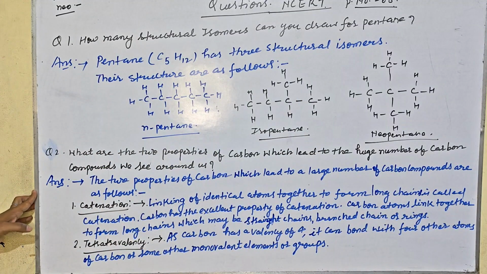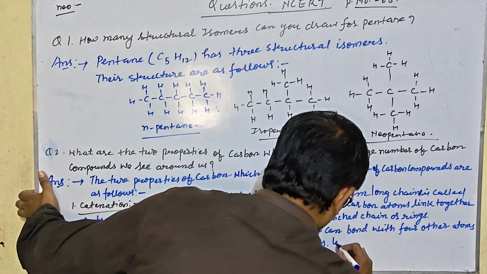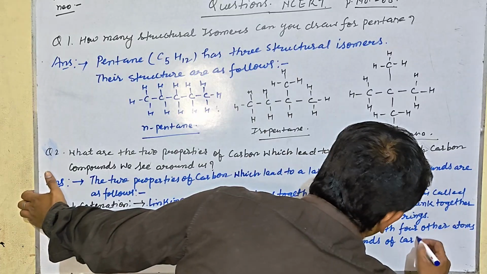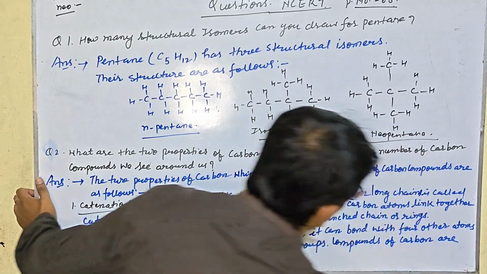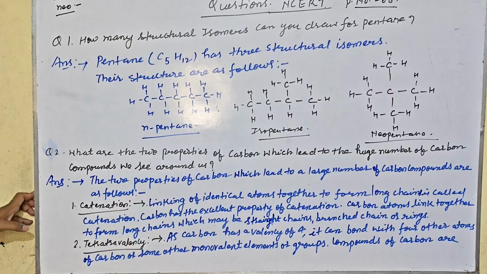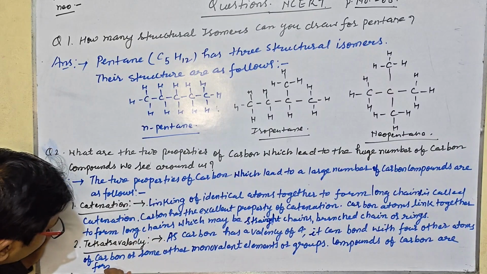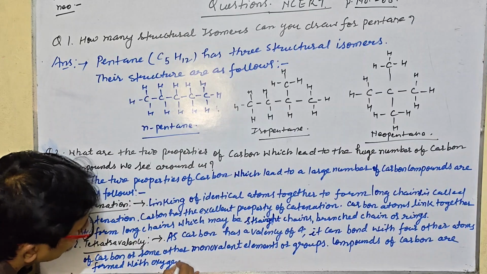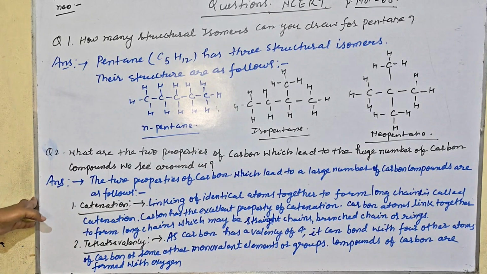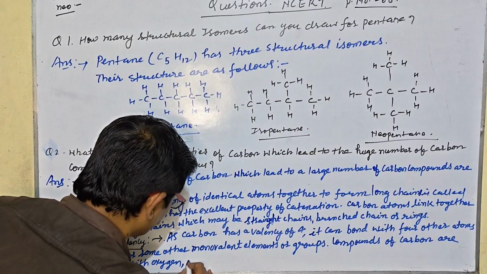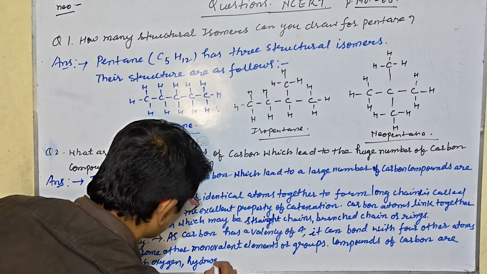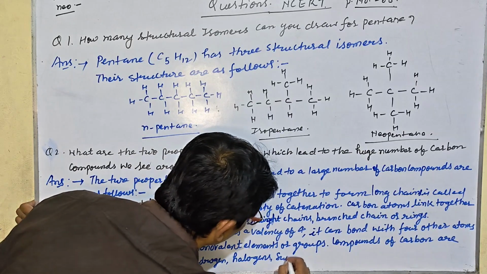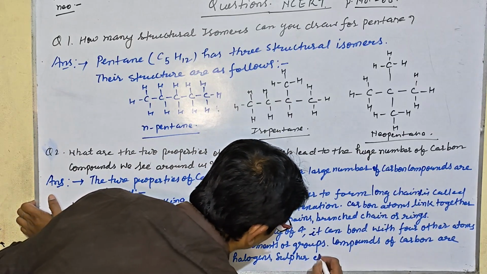So compounds of carbon are formed with oxygen, hydrogen, halogens, sulfur, etc. Due to this nature of tetravalency.